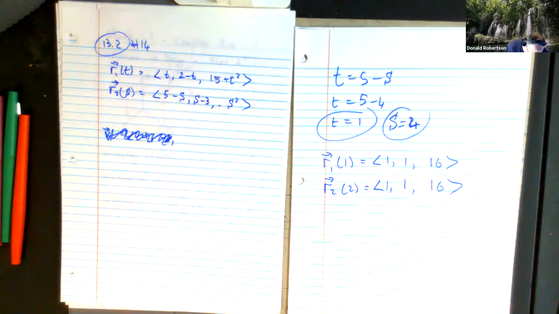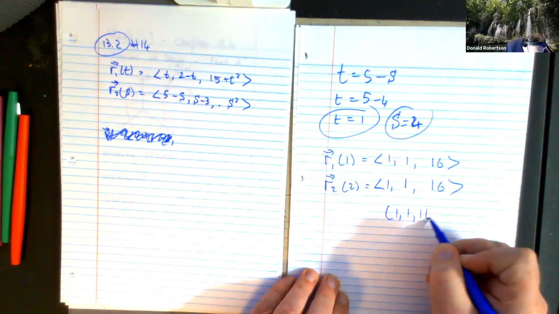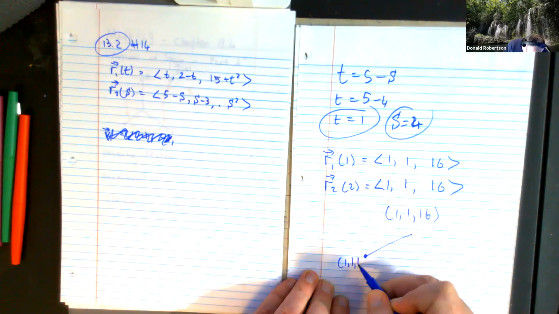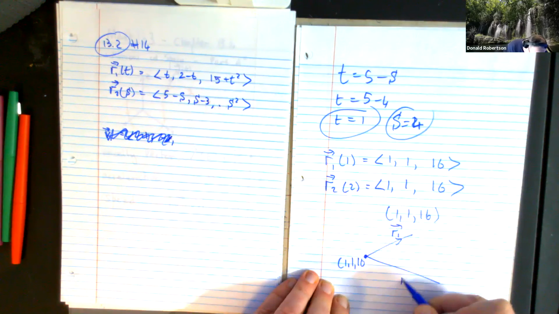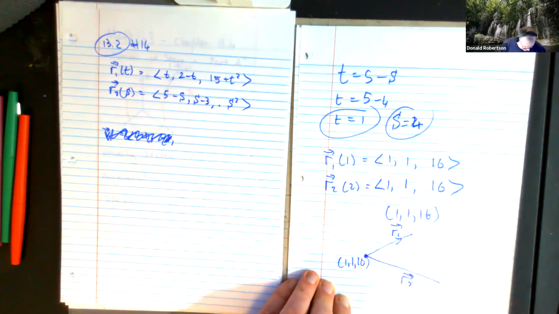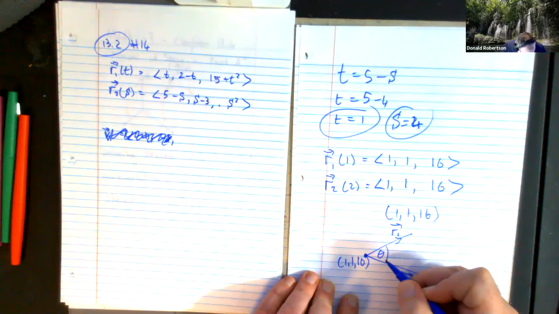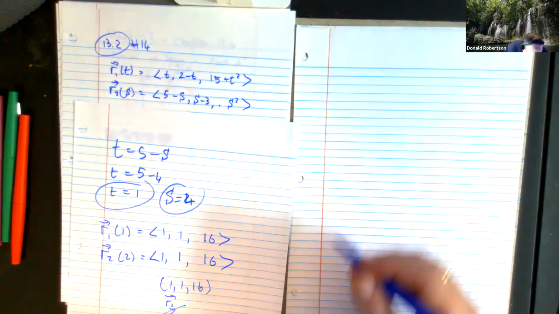Coordinates of the intersection. Now, can you imagine that that point there is 1, 1, 16? And we have an r1 going this way. And we have an r2 going this way, right? And we want to know the angle theta. I need to know the direction of this curve at t equals 1.